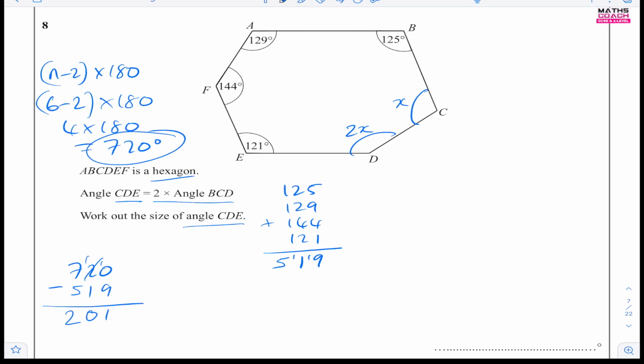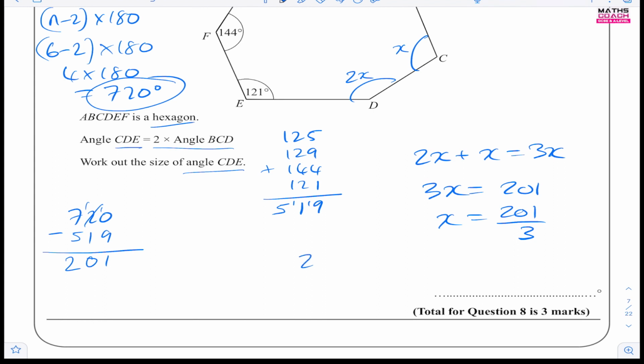So 2x plus x, which is 3x, is equal to 201 degrees. So therefore x is going to be 201 divided by 3. And we just need to work out what 201 divided by 3 gives us. So 3 doesn't go into 2, but 3 goes into 20.